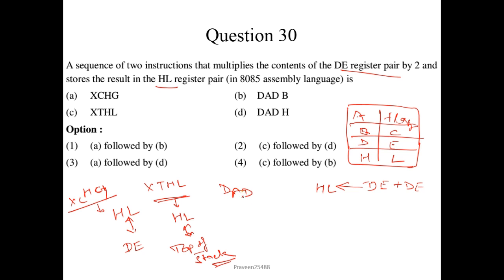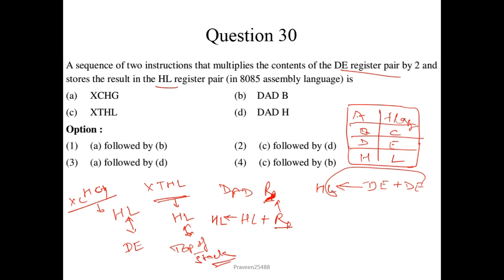DAD B, which is double addition. Here register we indicate the single register, but we consider the register pair here and first register we indicate here. So double addition, the operation of this instruction is that contents of HL is added with this register pair R that is specified here and result is stored into HL.